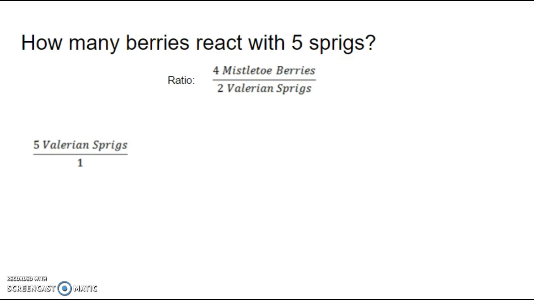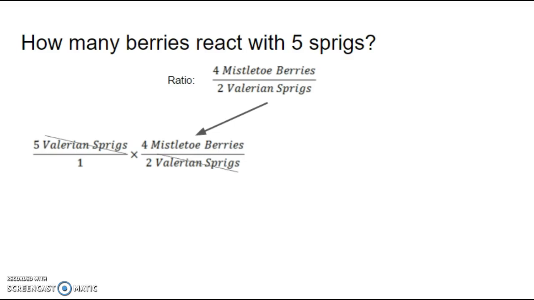So how many berries do we need to react with 5 sprigs? So we just calculated the ratio is 4 berries to 2 sprigs. And this problem gives us that we want 5 sprigs. So 5 valerian sprigs is our given amount. So we can use that ratio as a conversion factor, which we've talked about before, and multiply by the number of sprigs.